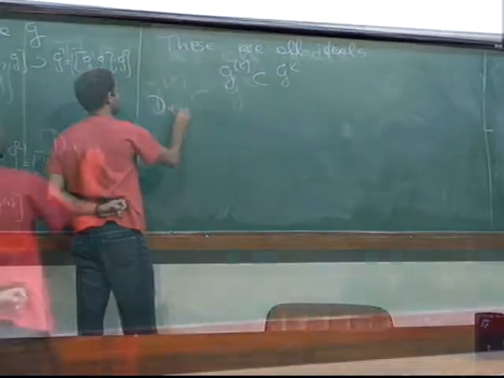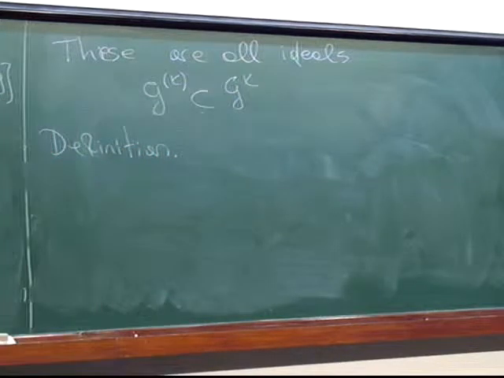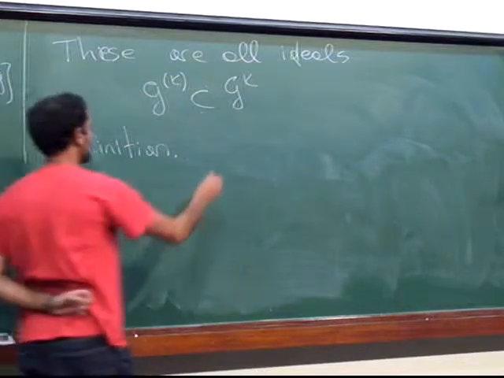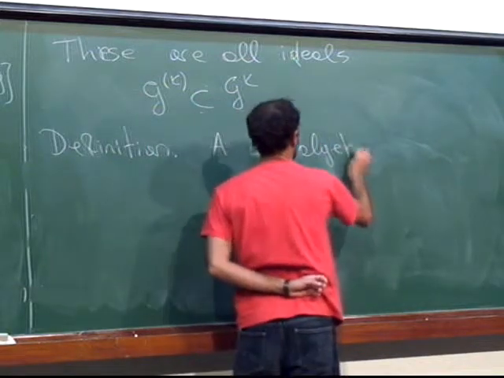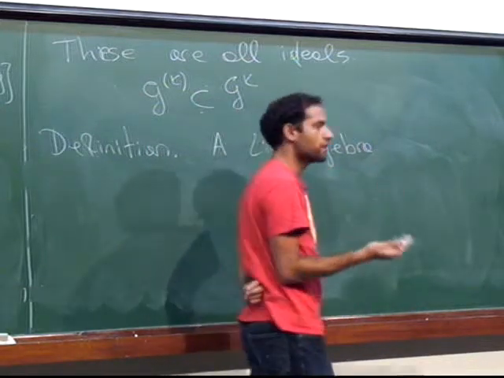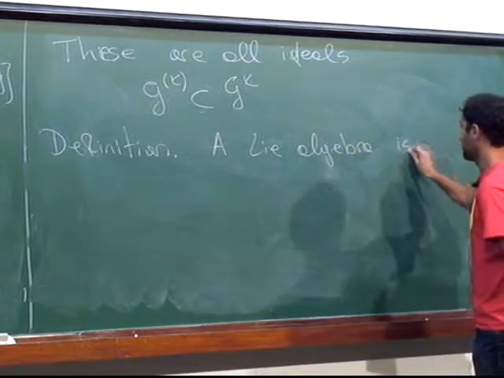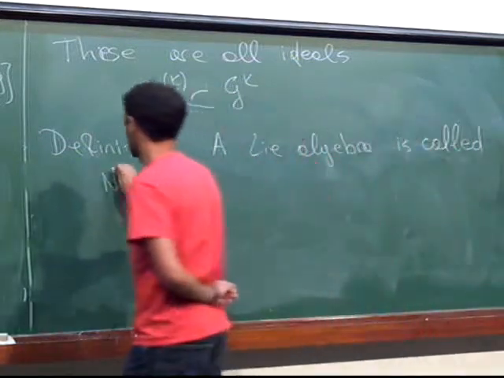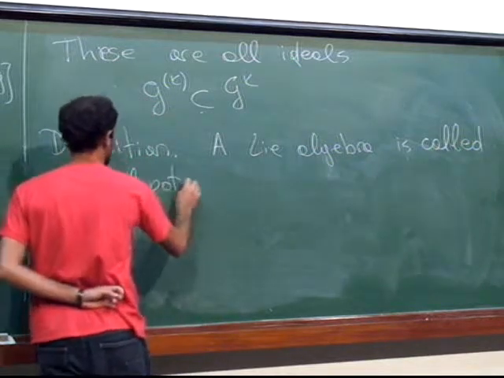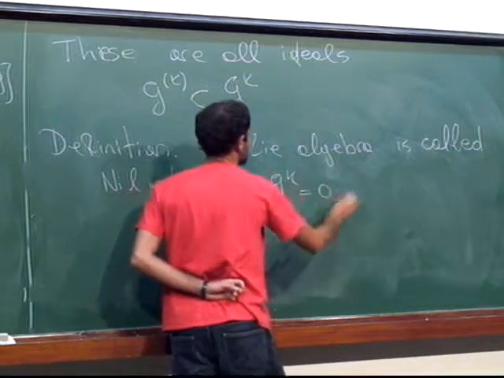Definition. A Lie algebra is called nilpotent, and notice that I'm giving a definition of nilpotent that does not depend on having this representation in GLV, if G^k is equal to 0 for some k.